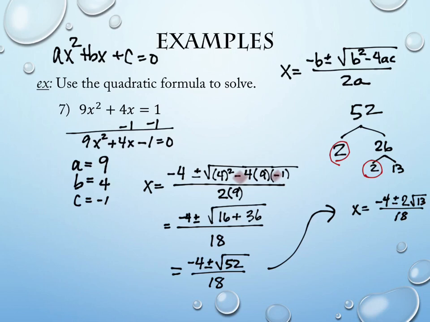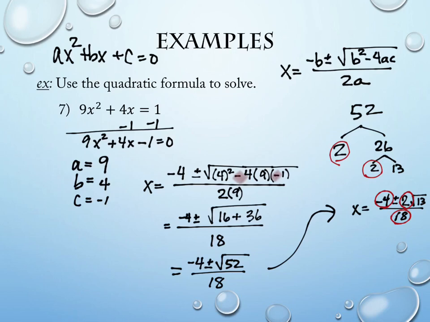At this point, the negative 4, the 2 in front of the square root 13, and the 18 do all have a 2 in common. And I can divide them by 2. So why can I do it here, but not over here? Well, the reason I can't simplify the 18 with the 52 over here is the 52 is underneath the radical, right?